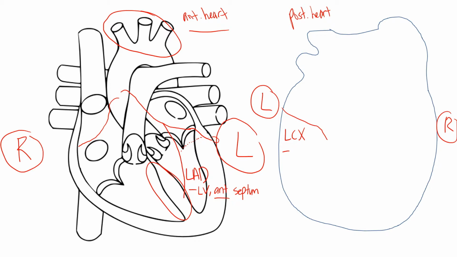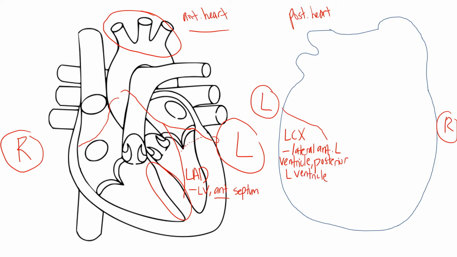You can see that the left circumflex artery will supply the lateral anterior left ventricle, right? Because that's where we are in that section. And it's also going to supply the posterior left ventricle, because it goes around to the back. So that's not too complex.